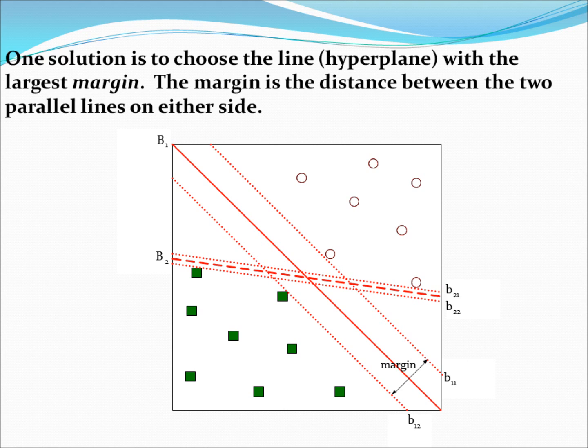When the test case comes, this buffer zone is so long, if anything lands somewhere here, you still can separate it, right? So you got these two support lines and this line cut in the middle, which is mathematically proven to be the best solution, giving you the maximum margin.